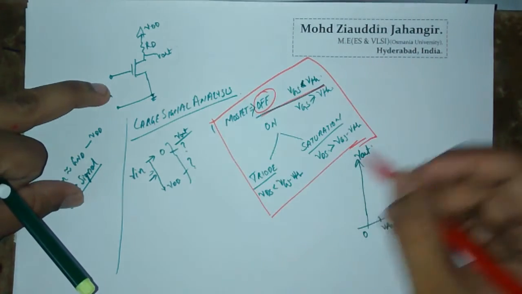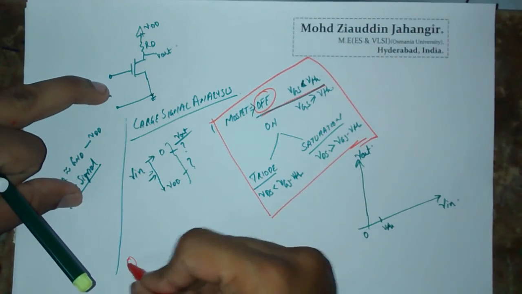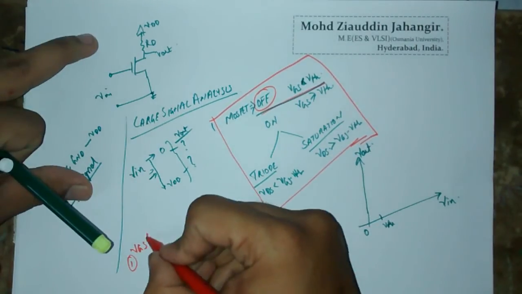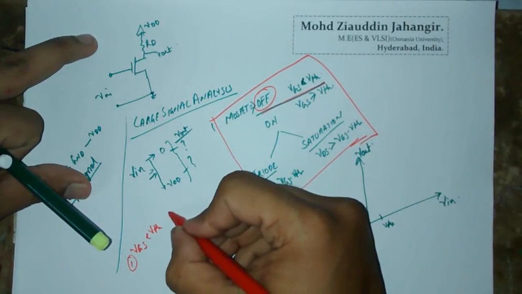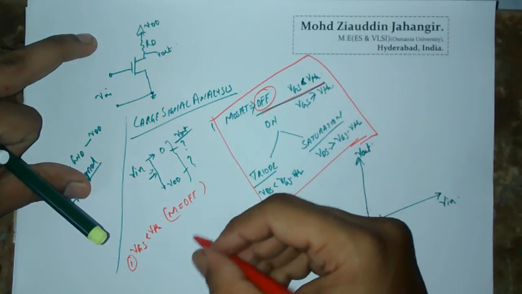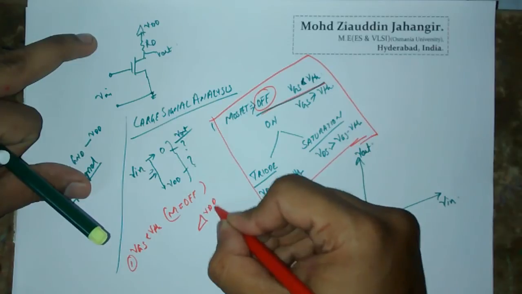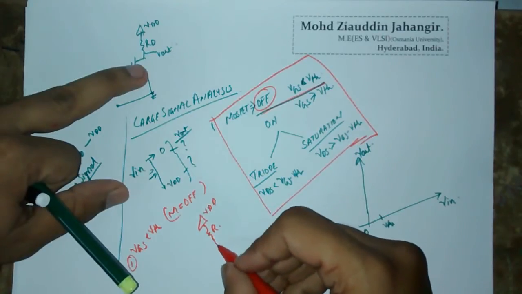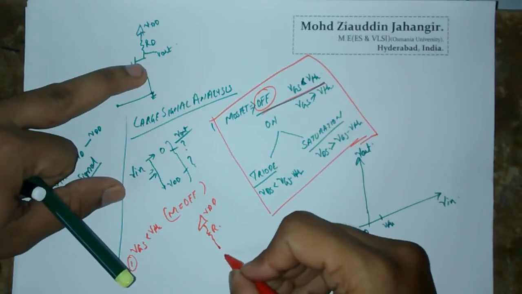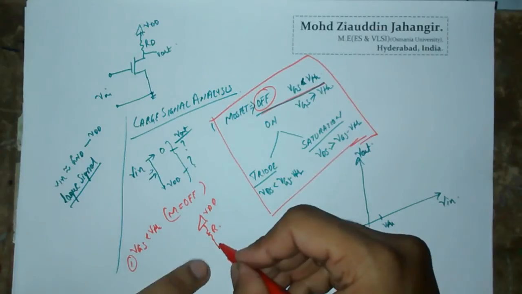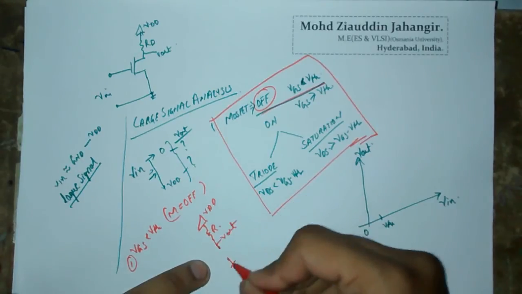So in the first condition, where your VGS is less than VTH, your transistor will be off. When it is off, VDD is connected to your resistor R, and this resistor is connected to your transistor which is in the off state. That means there is no connection between your Vout point and your ground.